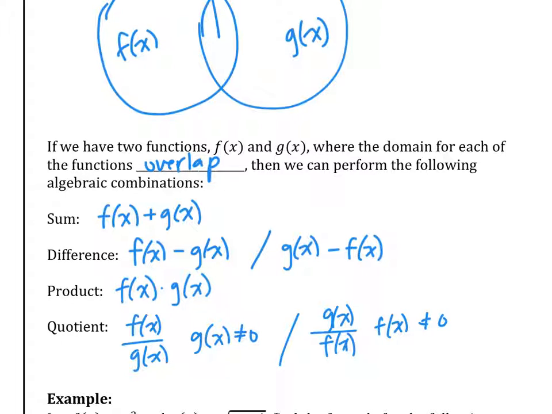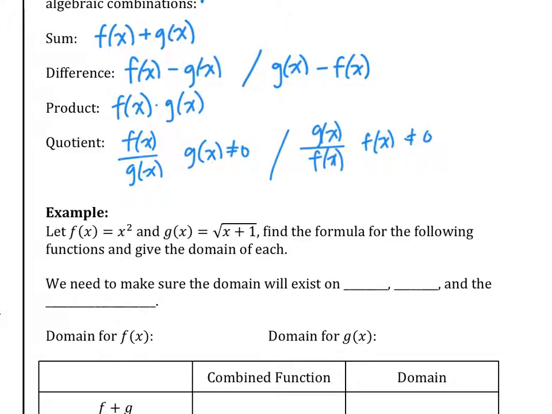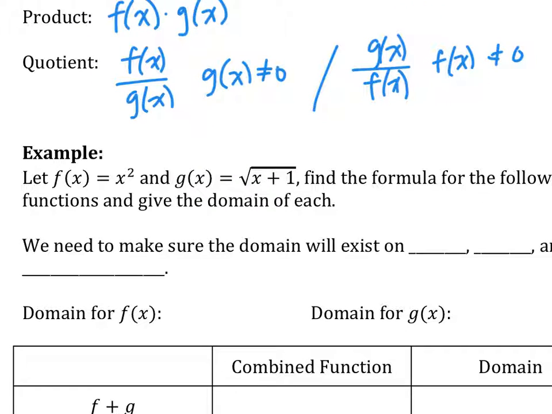Okay, so we are combining functions. When we say combining, we mean putting them together in an algebraic combination: adding, subtracting, multiplying, dividing. That's it. That's the only things we can do to combine them. So for example, we have two functions. F of x is x squared.